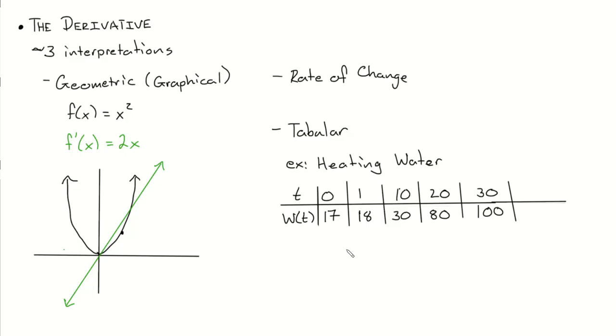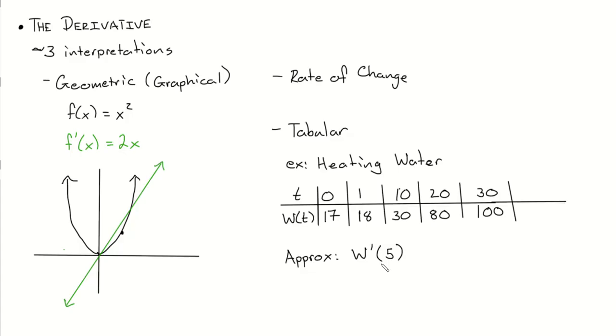However, here's what I want us to do. I want us to approximate W prime of, let's say, 5. When people are actually getting data in a lab setting, unless you have the top of the line stuff that can take real measurements continuously, you're going to get gaps in time like this, right?